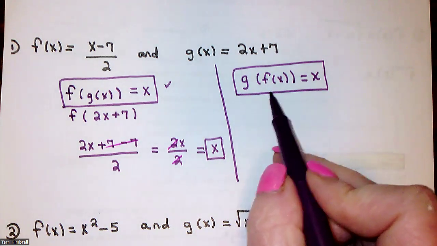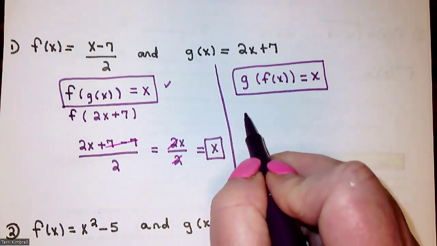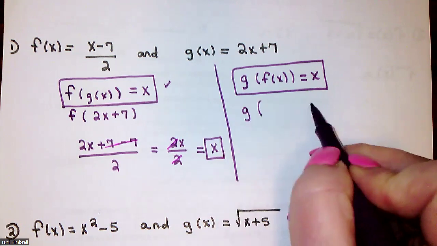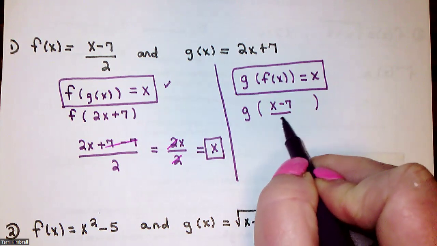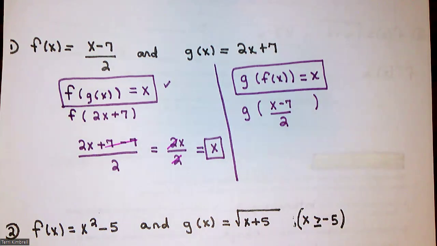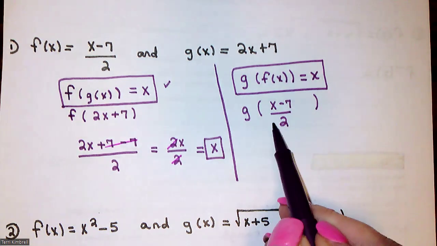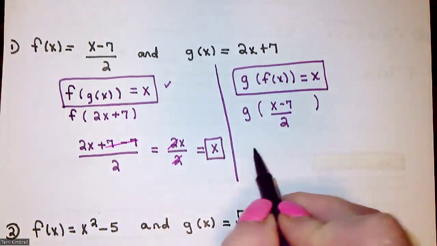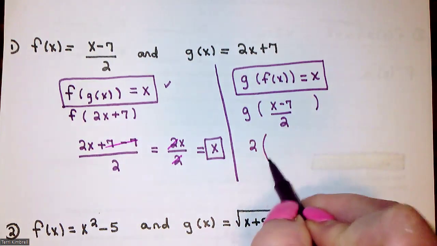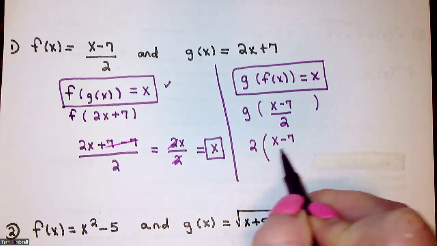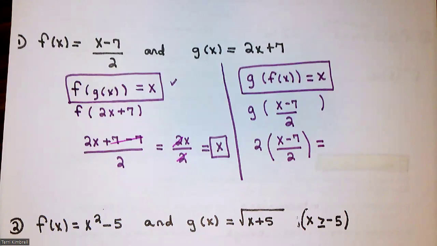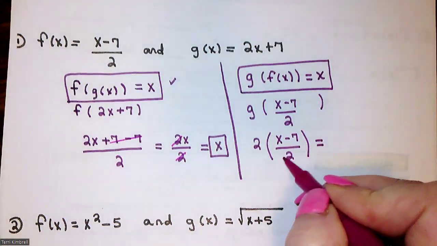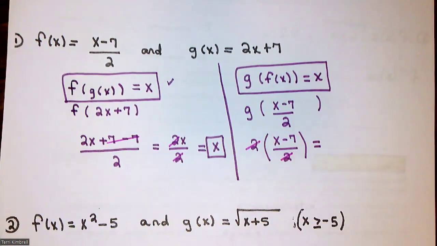So now we're going to try g of f of x. So I'm going to have g, and I'm going to put the f of x function down. Now I'm going to take this and put in place of x. I'm going to have 2 times x minus 7 divided by 2. So the division of 2 and the multiplication of 2 cancel each other out.